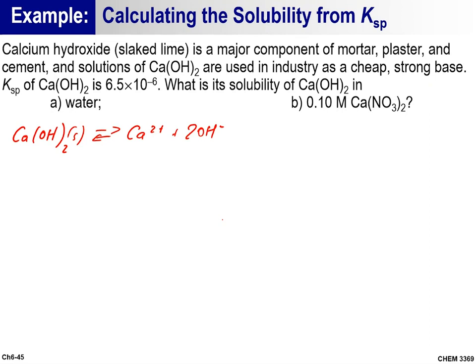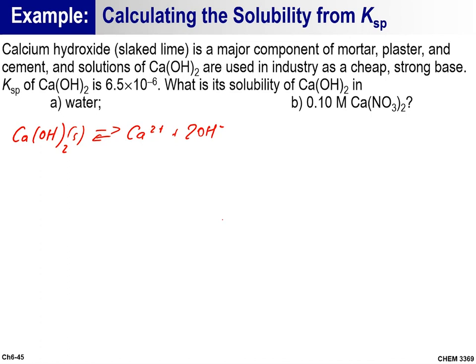What we need to calculate is the solubility. In this case, the solubility of calcium hydroxide will be the concentration of calcium 2+ ions at equilibrium. That tells us how much calcium hydroxide dissolves when the system is in equilibrium.